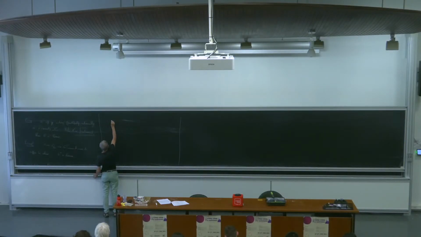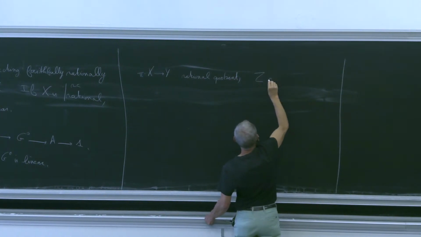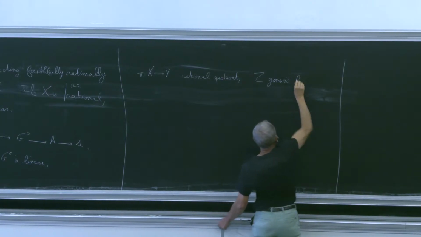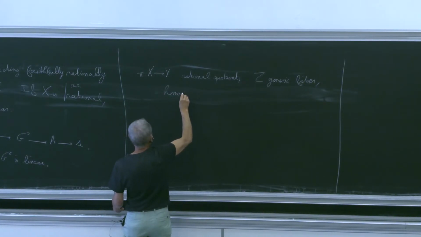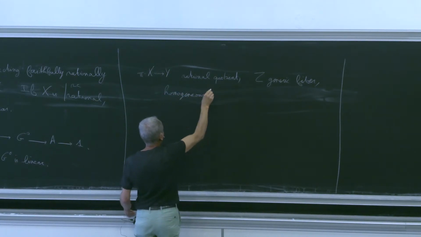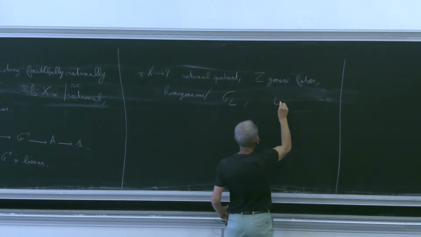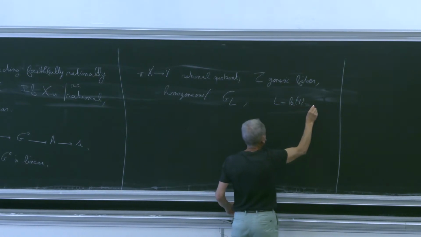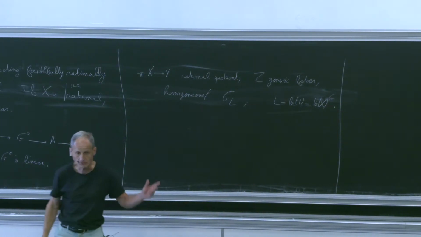We had a quotient, and we had a generic fiber which is homogeneous under the group obtained from G by base change, where L is the function field of Y, which was the field of G-invariant functions on X. Okay, so that's where we are.